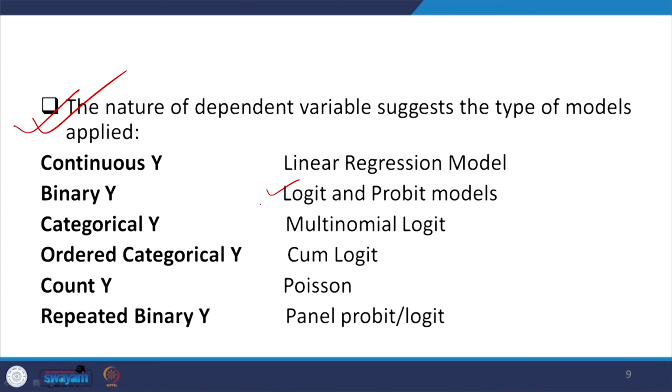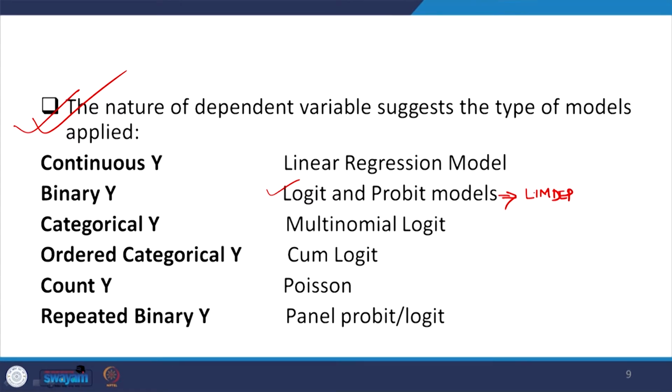But if it is not continuous and is in binary form, 1 or 0, then the dependent variable is no more continuous. So, the most appropriate model is logit or probit. These logit and probit models are also called limdep. Why limdep?